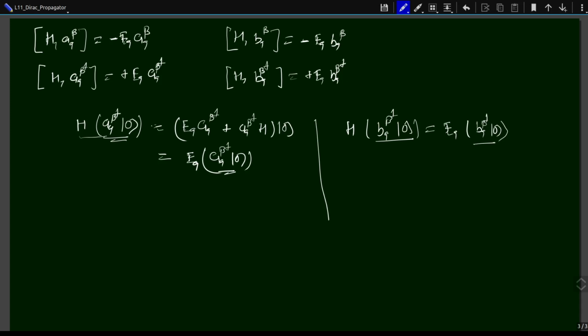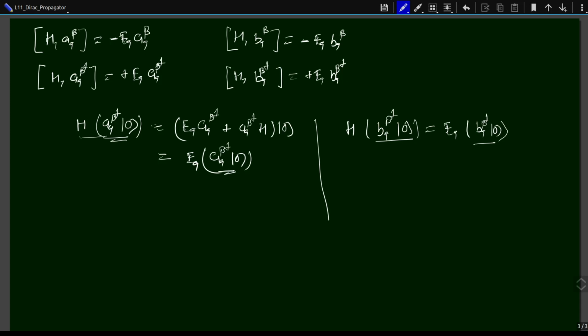So one has to choose the vacuum appropriately. That is given by H acting on the vacuum being 0. Likewise, what a does is annihilate a particle of momentum q and spin β and energy E_q, so it reduces the energy of the system by the amount E_q. The same holds for b_q^β: it reduces the eigenvalue of the H operator by the amount E_q.